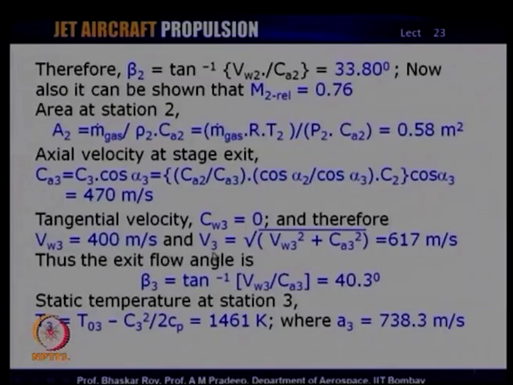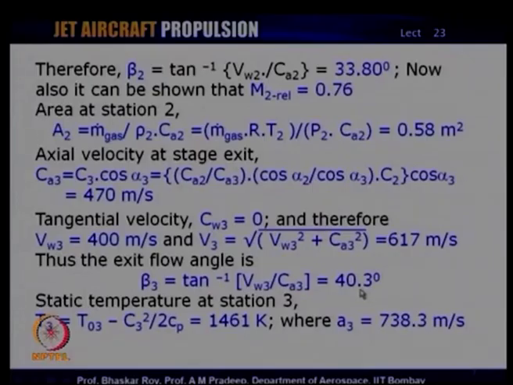Now, this is of course, the relative velocity. So, as we can see, the relative velocity here is also essentially subsonic, and it is a little on the higher side compared to V 2.